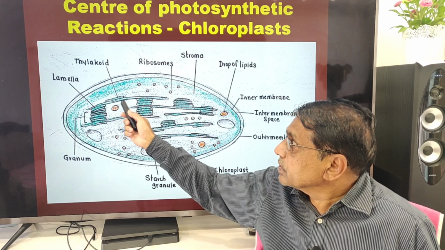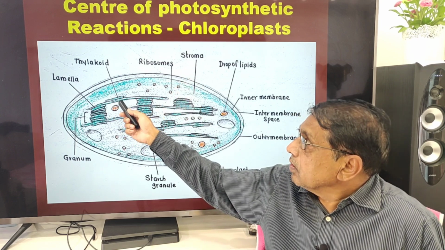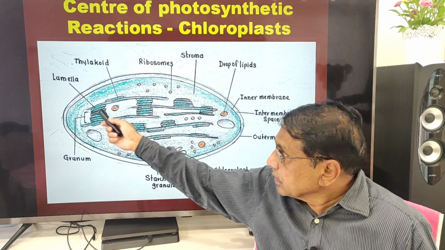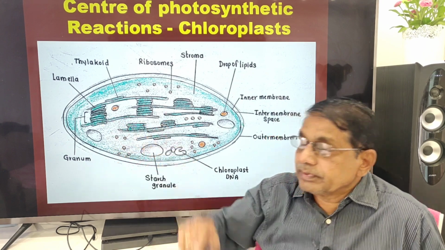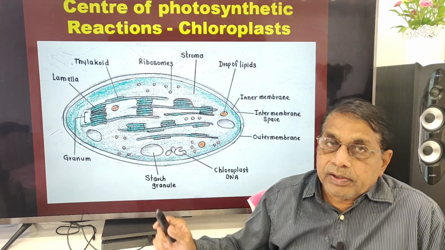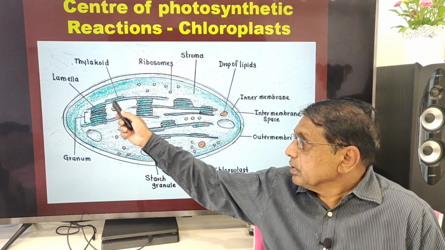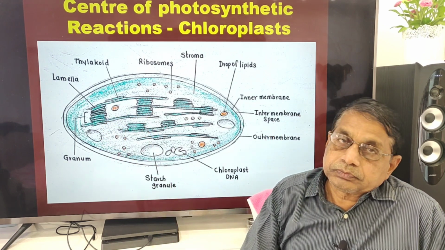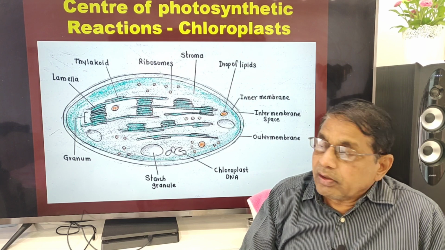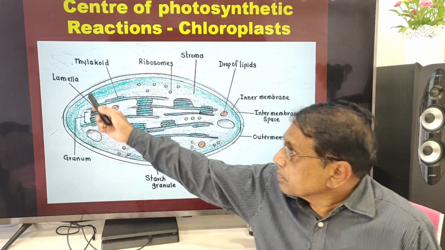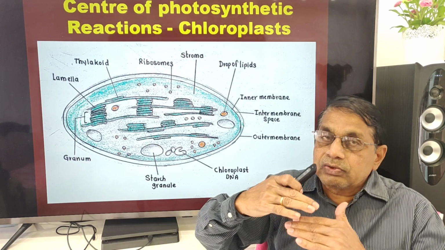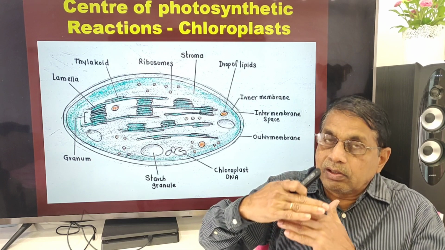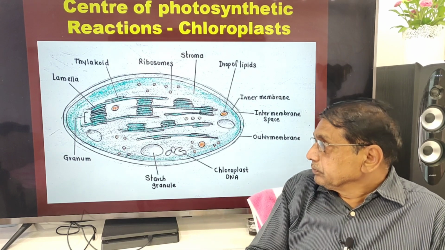They are also present in the stroma. These are called stroma thylakoids. These are grana thylakoids. Thylakoids are of two types, present in the stroma region and present in the grana region. Sometimes, because they are arranged one above the other, they are called lamellae.